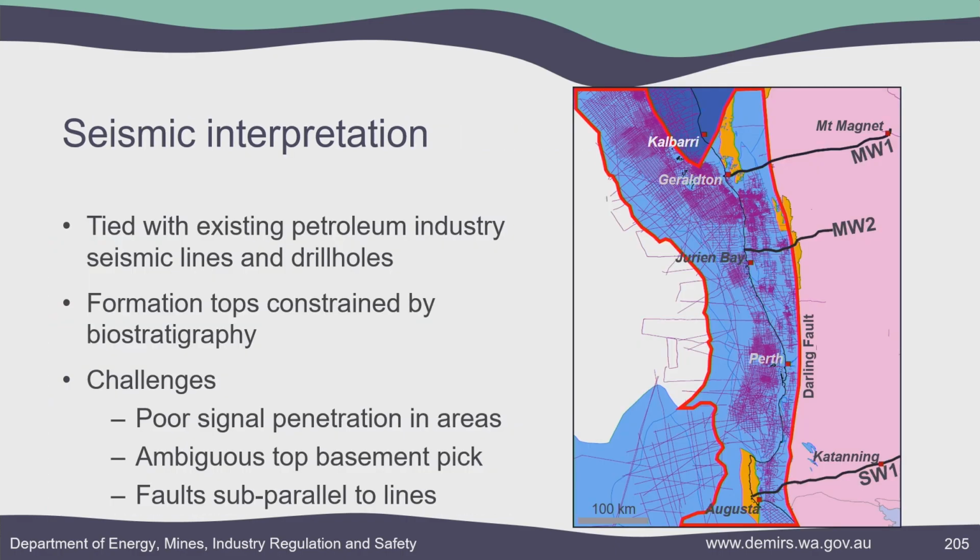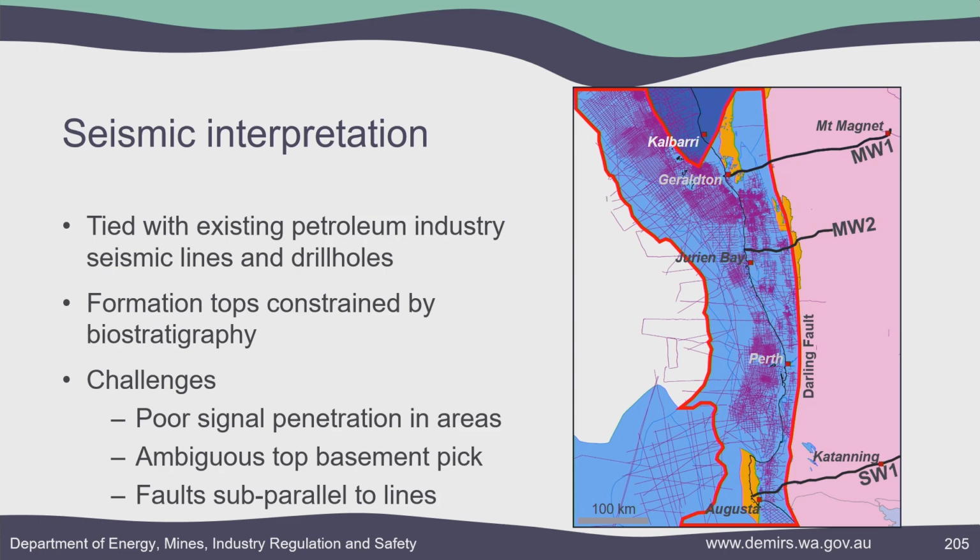As you saw from Rob's talk this morning, there's a lot of existing petroleum industry seismic in the Perth Basin. It's a very mature basin for petroleum exploration. So that's what all these purple lines here are. Our interpretation has to tie in with these intersecting seismic lines and also be constrained by formation tops in petroleum wells and drill holes.